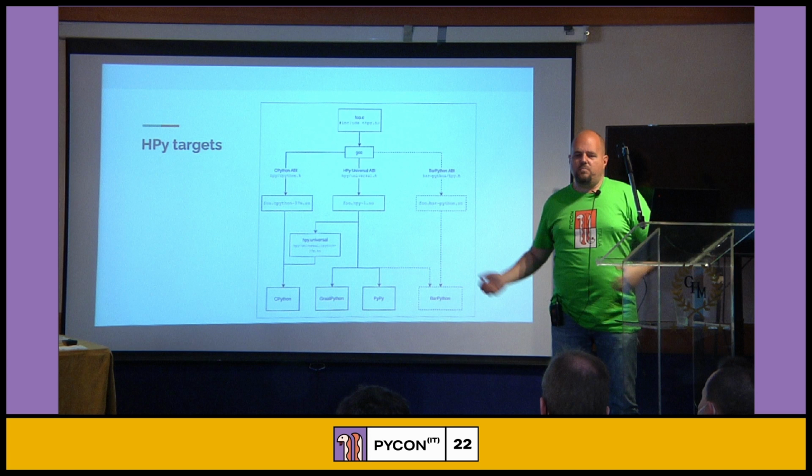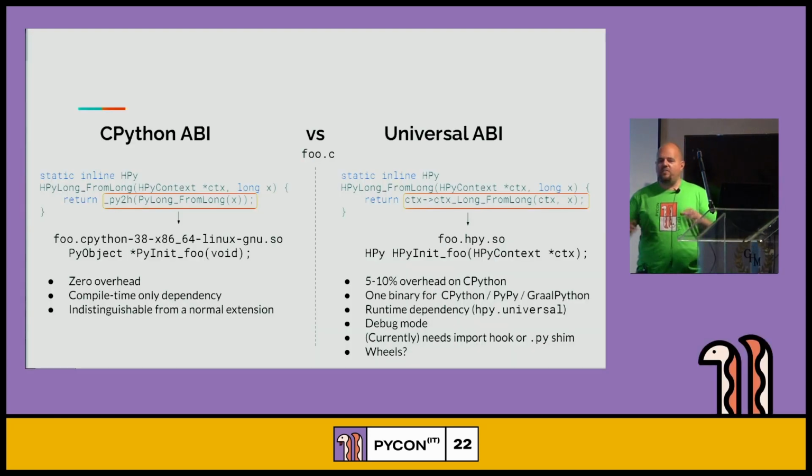And to be a bit more concrete, because so far it's like, yes, I'm talking, but it's not easy to understand what's going on. So, depending on which target you choose, you get a header file which contains a different implementation. So if you target the CPython ABI, hpy from long is implemented in this way.